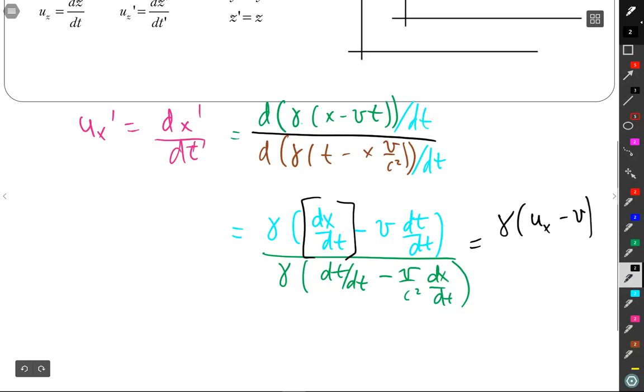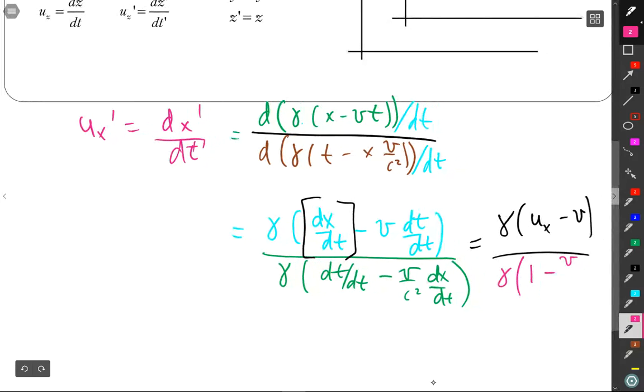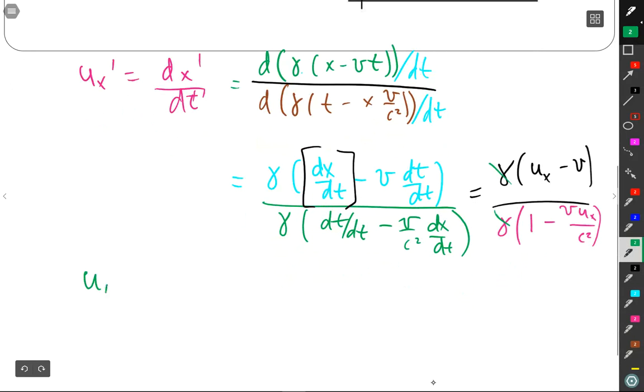So I'm just going to end my parenthesis. On the bottom, dt/dt is 1. And then we have v and dx/dt, you told me was ux. Well, those gammas appear to cancel, don't they? And so we have ux prime is equal to (ux minus v) over (1 minus v ux over c squared).